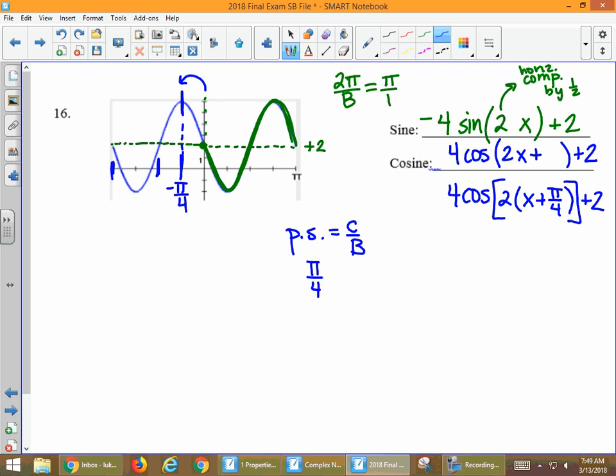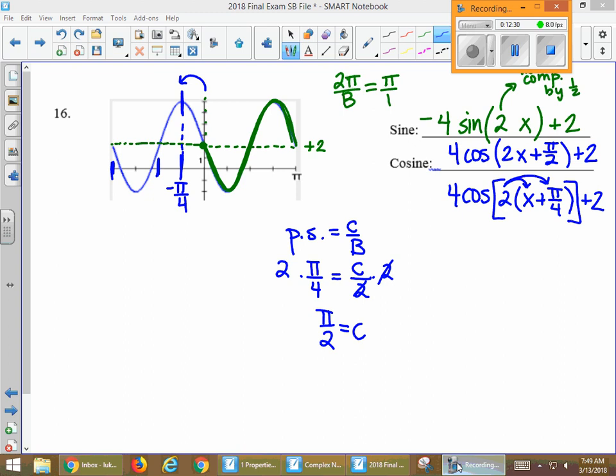I already dealt with the negative situation, so I'm not going to worry about that. And our b is 2. So I'm going to multiply both sides by 2 to get c all by itself. And 2 pi over 4 is the same as pi over 2. And that's what we would get if we multiplied these 2 as well. Awesome, that's writing equations for sine and cosine.